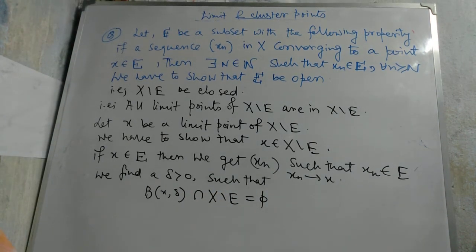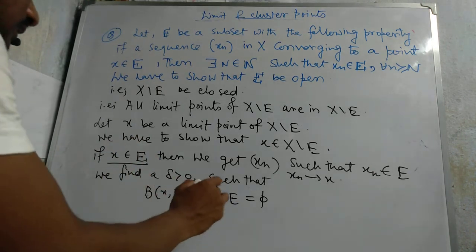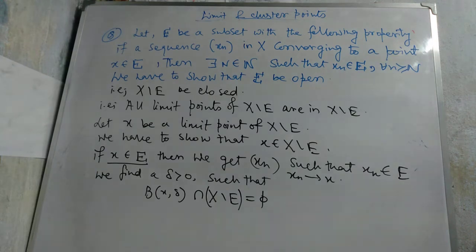Okay. So x is not a limit point of X difference E if x belongs to E, then this one equals the empty set. Okay.